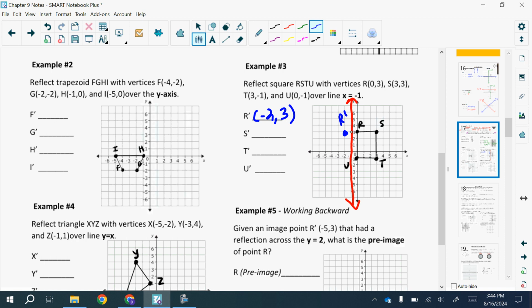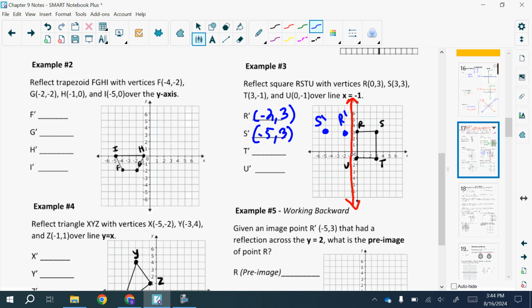Similarly, S is 1, 2, 3, 4 units to the right of our line of reflection. So that means that S prime is going to be 4 units to the left of our line of reflection. So 1, 2, 3, 4. This is S prime. And that's negative 5 comma 3.